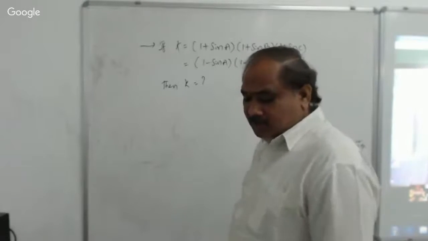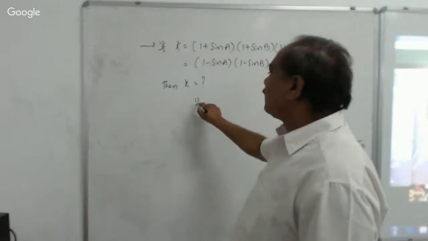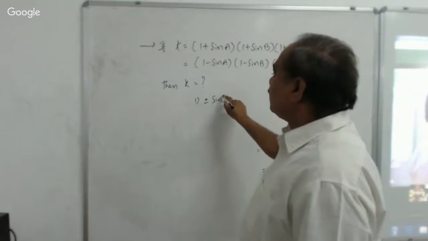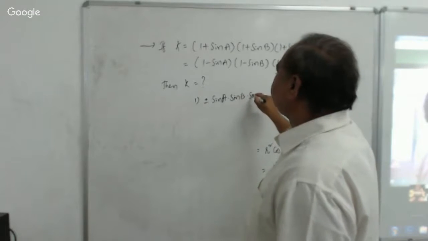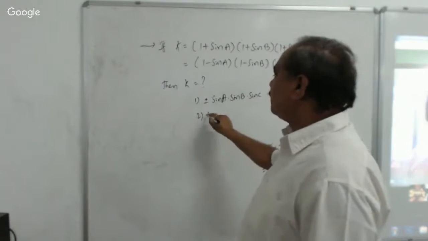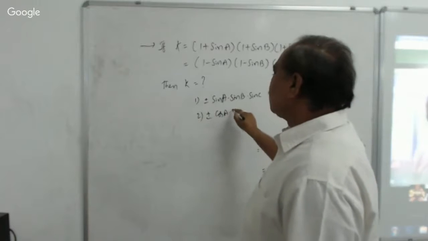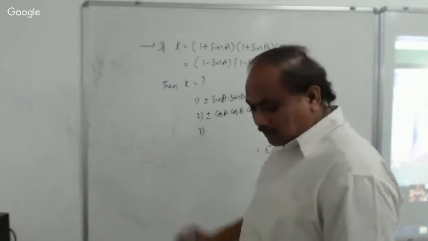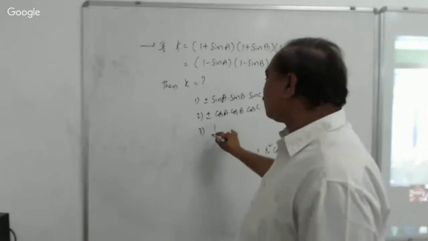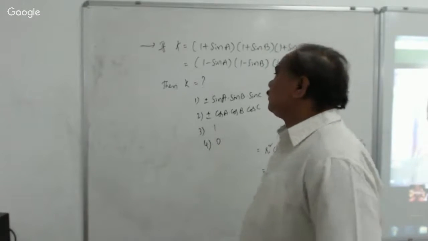First option, plus or minus sin A sin B sin C. Second option, plus or minus cos A cos B cos C. Third option, 1. Fourth option, 0.